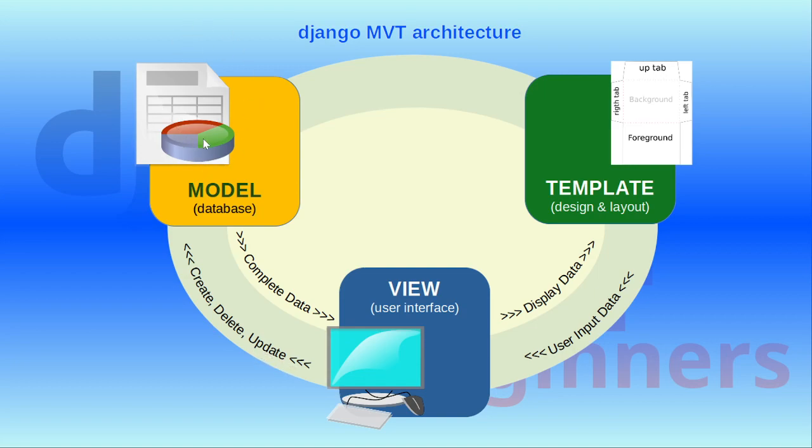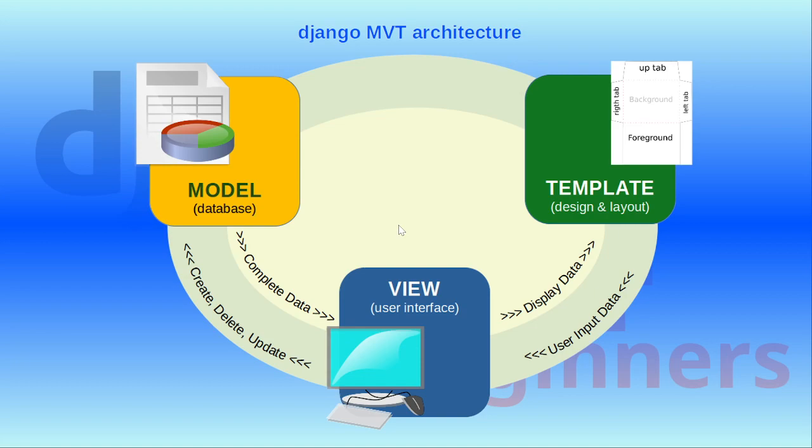After that is done at the model, the database like SQLite or MySQL or Postgres, the complete data will be returned to the view, the user interface, via templates. So the data will be shown by a layout design from the templates onto the browser of the user. So that is the MVT, model view templates architecture of Django.